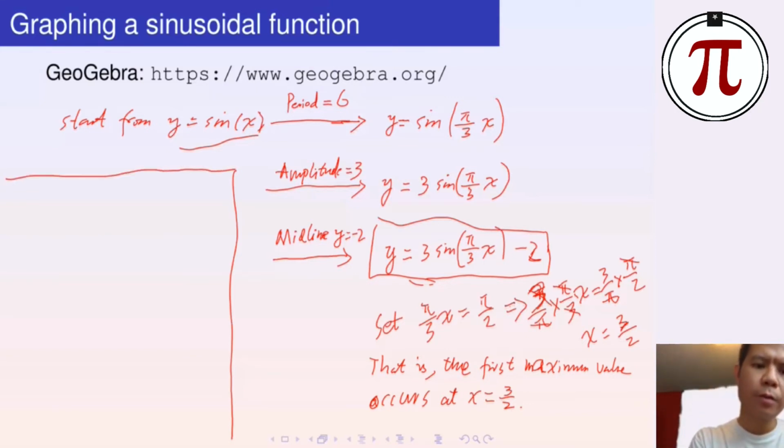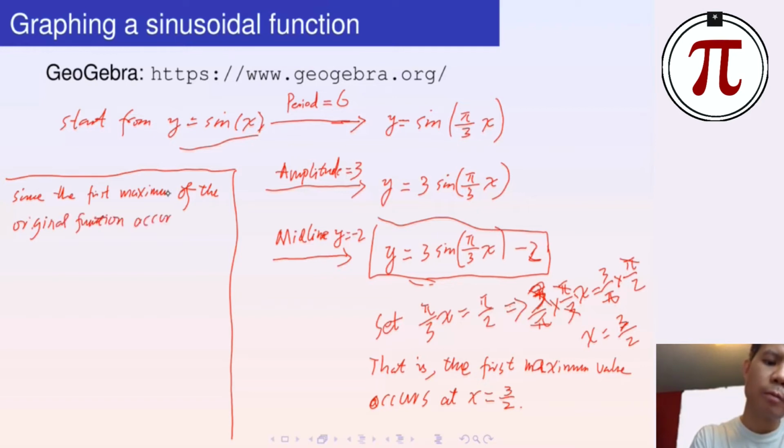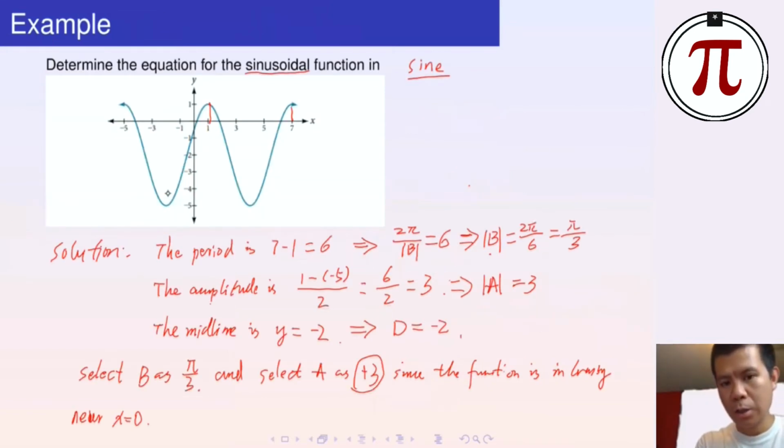Since the first maximum of the original function occurs at x equals 1, as we can see, it goes at 1.